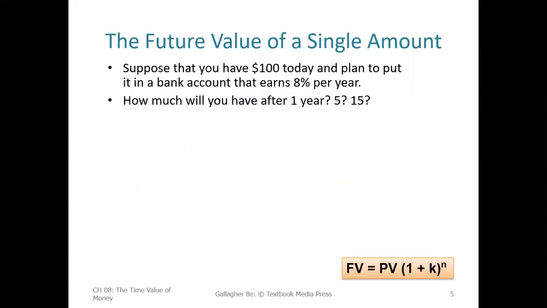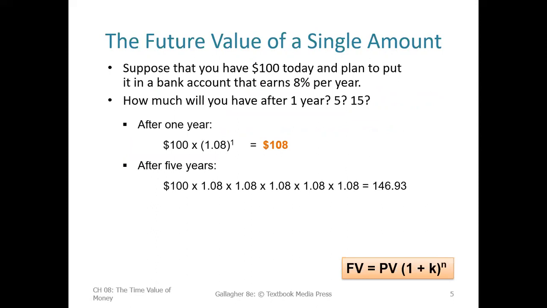Let's say 5 years or 15 years. So you see that every year, you add 8% of interest based on the money you have at the end of the previous year. So we call this process compounding interest.